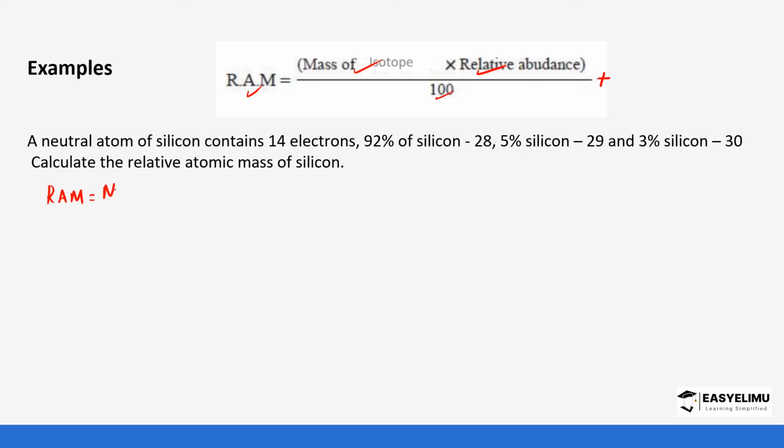So let me write the formula again, and then times the relative abundance. It's usually in percent form, but the question can come in different forms. And if we have another one, in this case, we can add another one depending on the number you have.